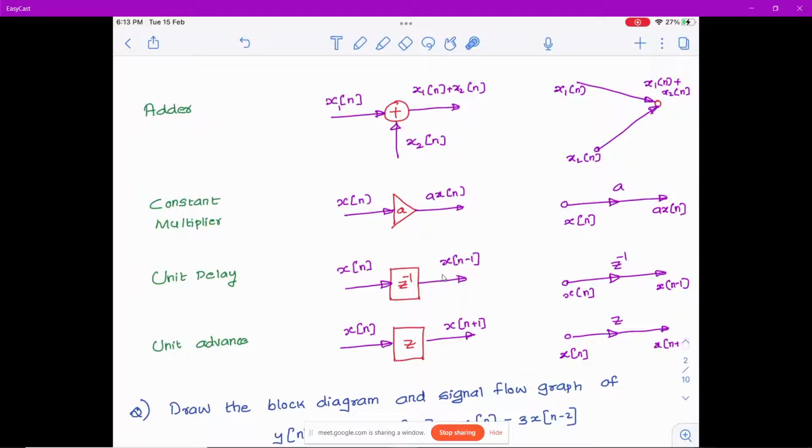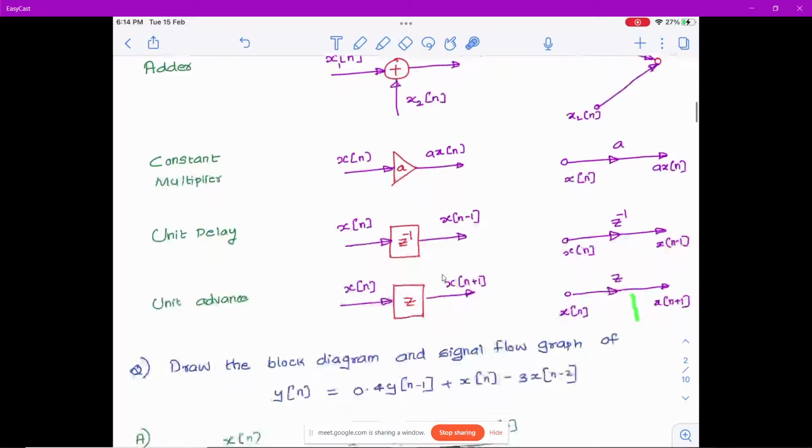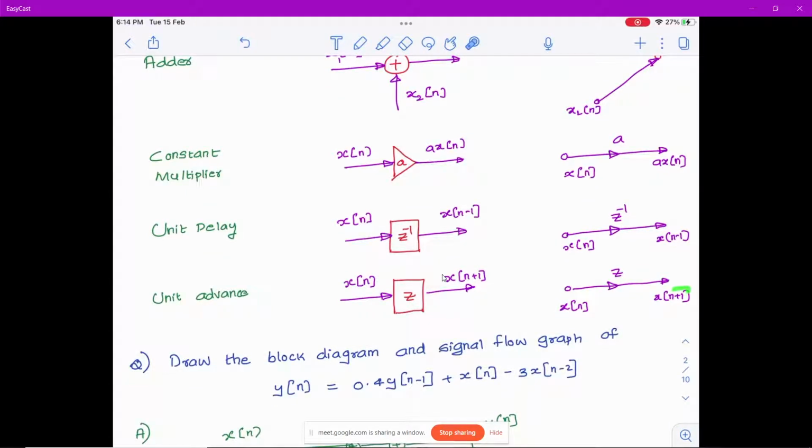Similarly, if it is unit advance, x of n, when it passes through a block with z, it is x of n plus 1. Okay, and x of n in signal flow graph is an arrow over which you write z, which means the output is x of n plus 1.